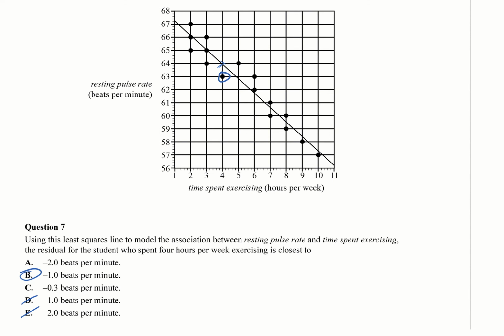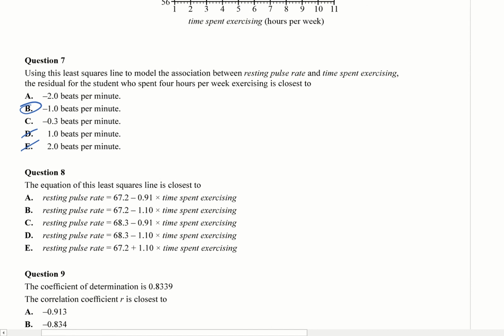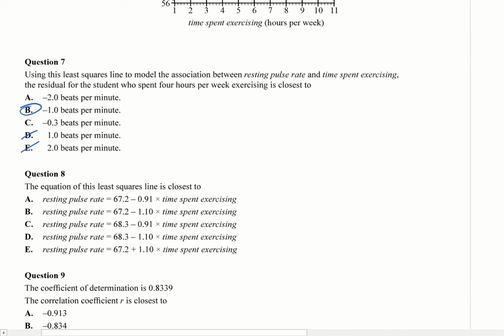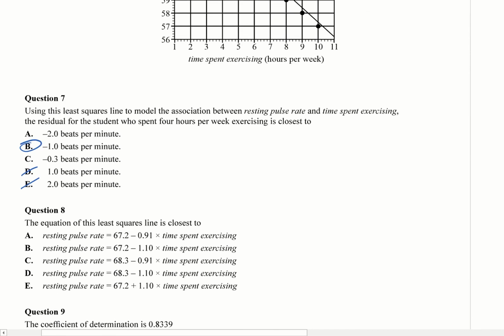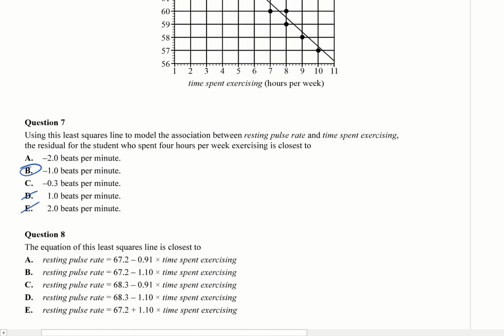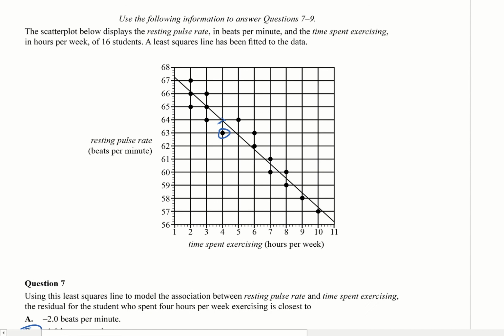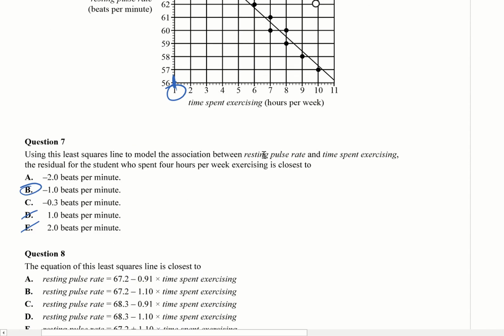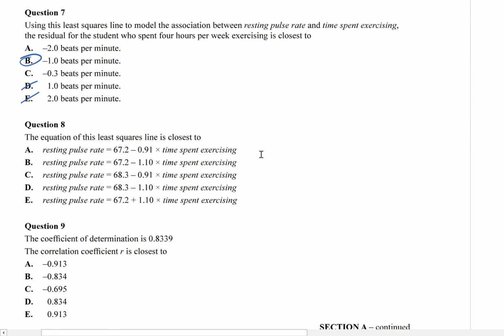Let's go to the next question. The equation for this least squares line is closest to what? Now, there's a couple of things we can get rid of straight away. Thing to keep in mind to check, is this line on 0? No, it's not. It's on 1. So if we read this and go, oh, it's 67.2, because that's what it's saying down here a bit, it's not 67.2.